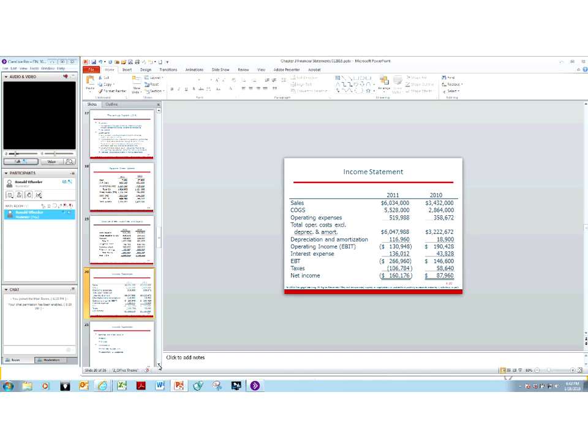A piece of information that you don't see here is what is cost of goods sold as a percent of sales. And when you do that calculation and you have that information in front of you, you see that cost of goods sold in 2010 was 17% of sales, and it declined to 8% of sales in 2011.